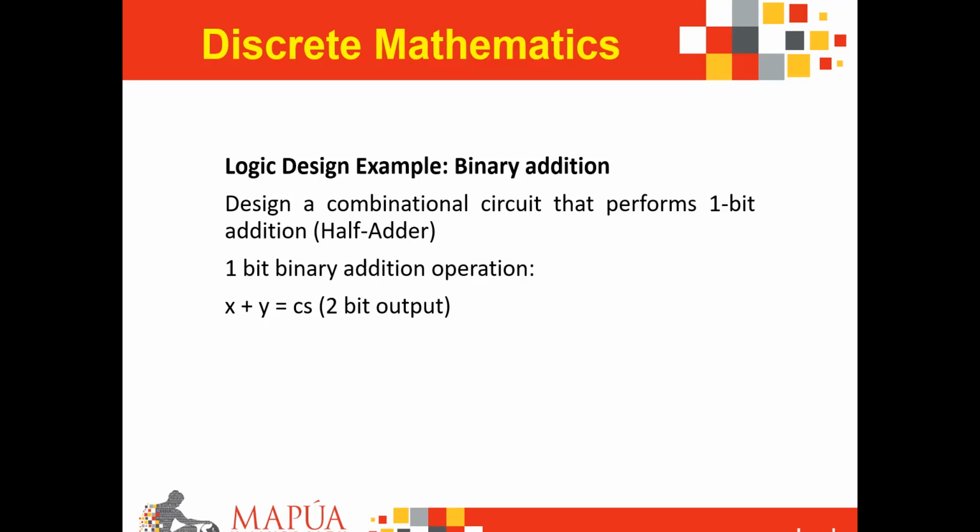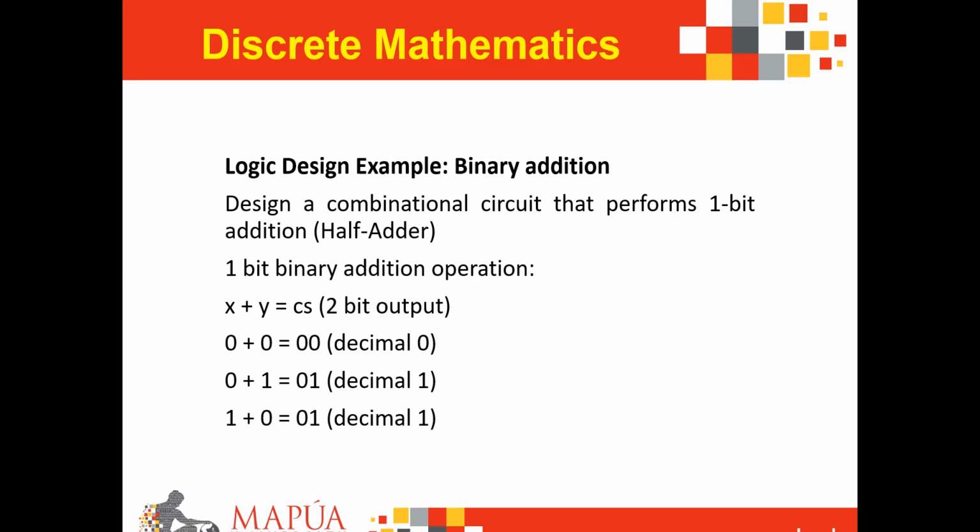As we simulate your respective possible input values by adding 0 and 0, we end up with 0, 0, or a decimal equivalent of 0. 0 plus 1 is basically 0, 1, or a decimal value of 1. 1 plus 0 is a sum of 1, which is also a decimal value of 1.